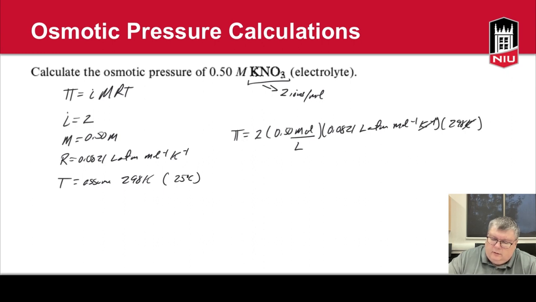Kelvins cancel, moles cancel, liters cancel. We're left with units of atmospheres, and we get pi equals 24 atmospheres. So it requires 24 atmospheres of pressure to stop osmosis in a 0.5 molar potassium nitrate solution.